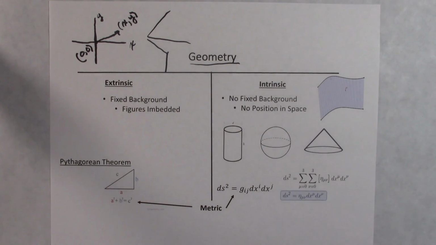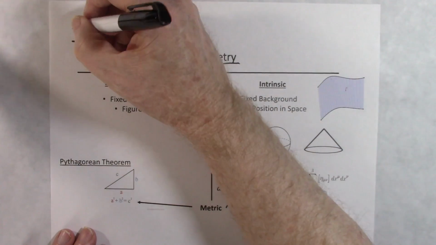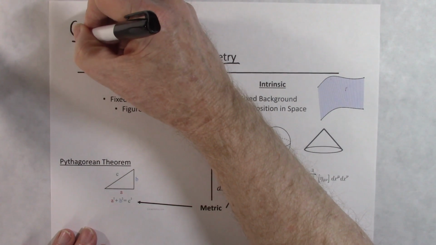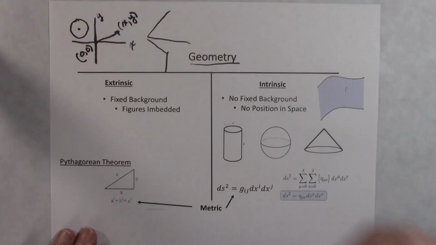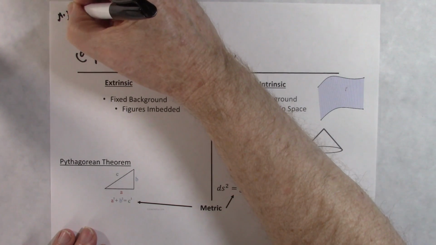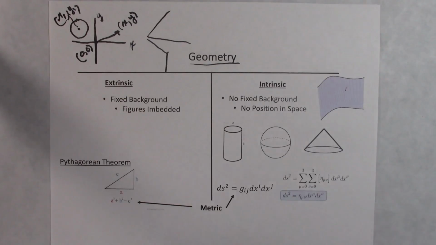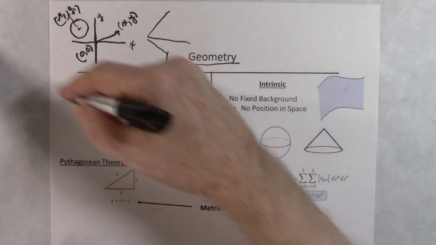And we usually say that the geometrical figures are embedded in the fixed background. So if we have a circle here, like something like this, it has a center. That center is a point, x1, y1, something like that. We can measure the distance from this point to any other point in the space.